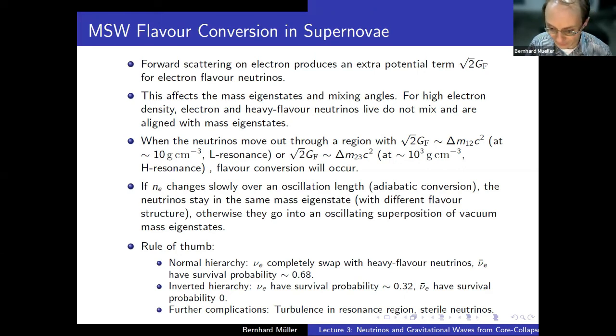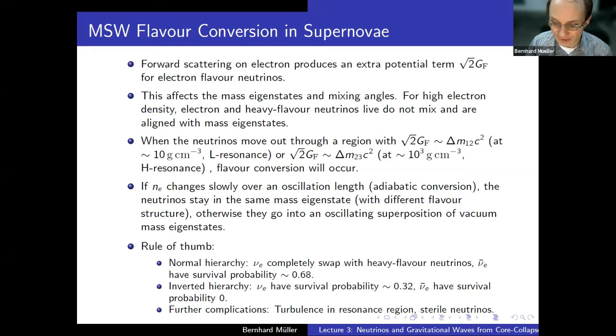If you have an inverted hierarchy, then it's somewhat different. Then the ν̄_e will tend to be carried away into the third mass eigenstate and not interact at the detector as ν̄_e at all.